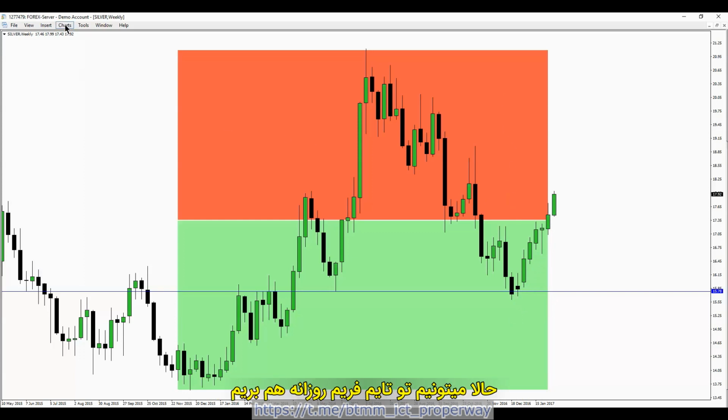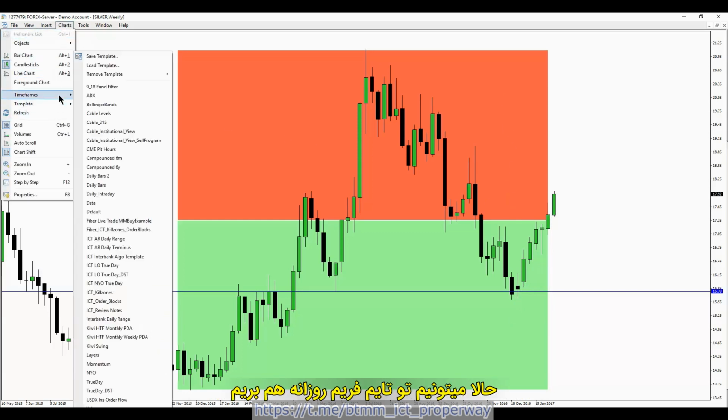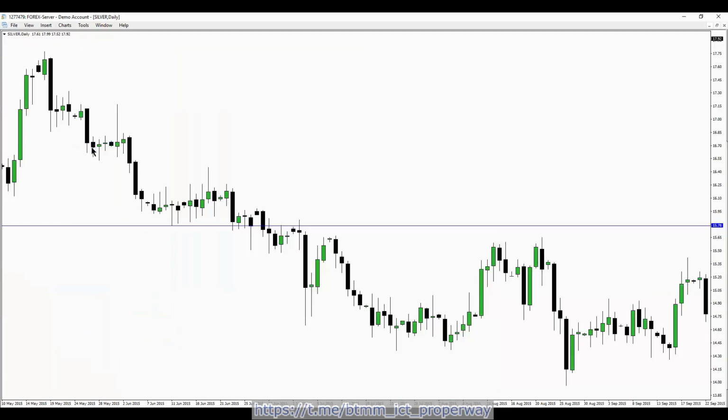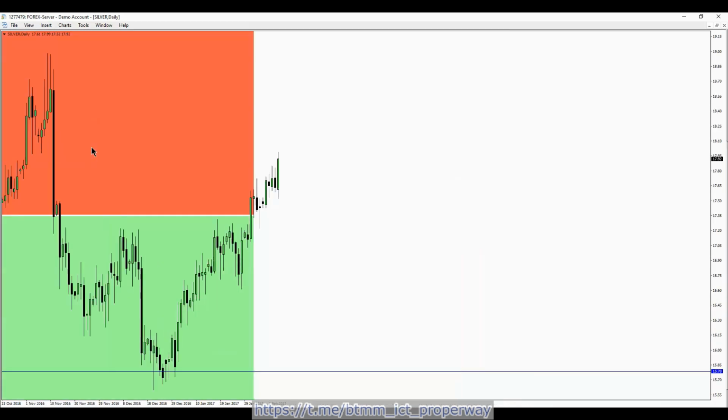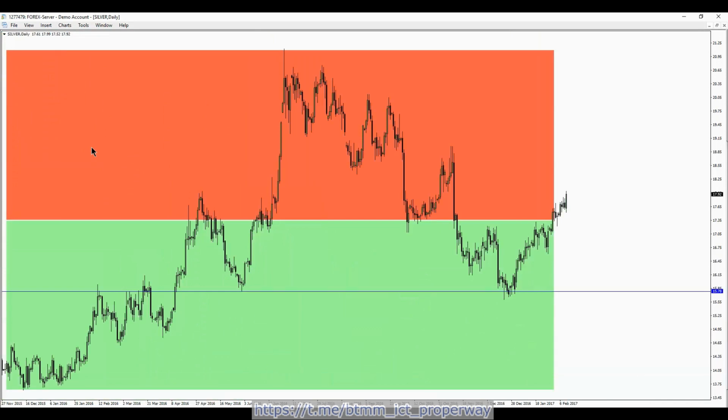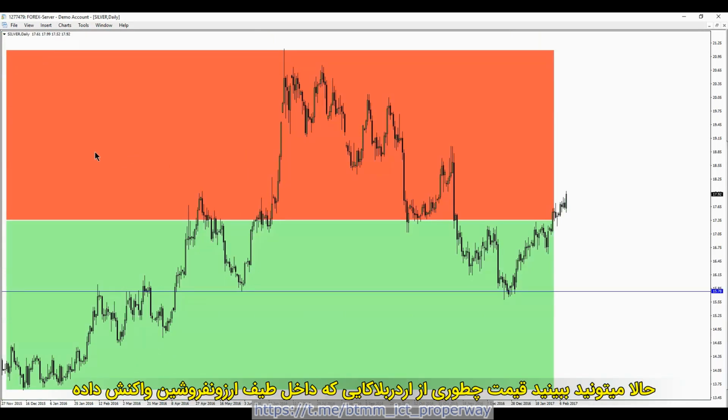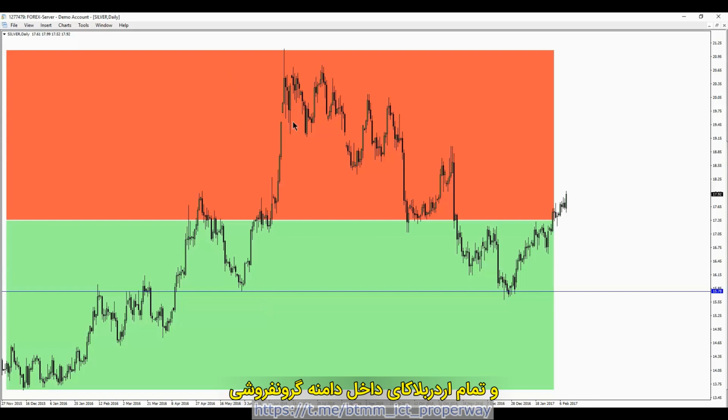We can go down to a daily time frame also, and this is okay. You can see how price responds again off the order blocks that are inside of the discount spectrum, and all of the order blocks on the premium side of the range.